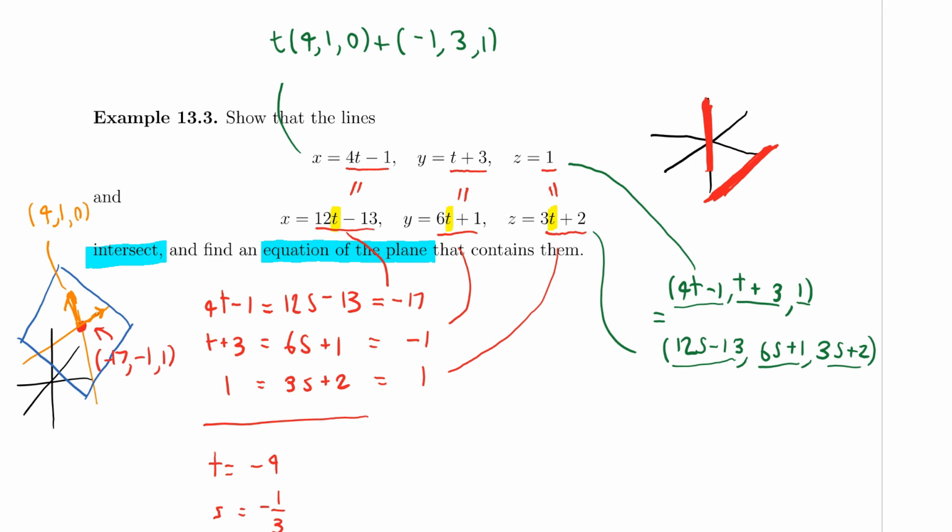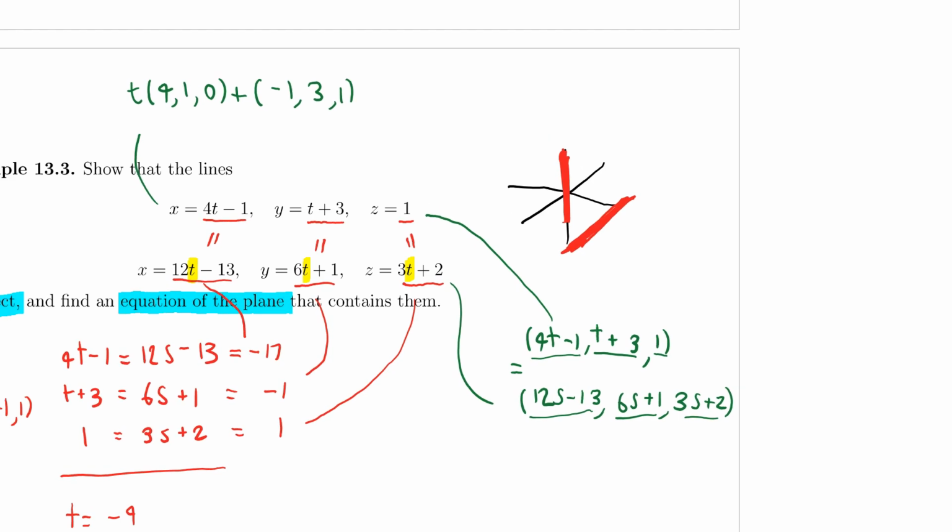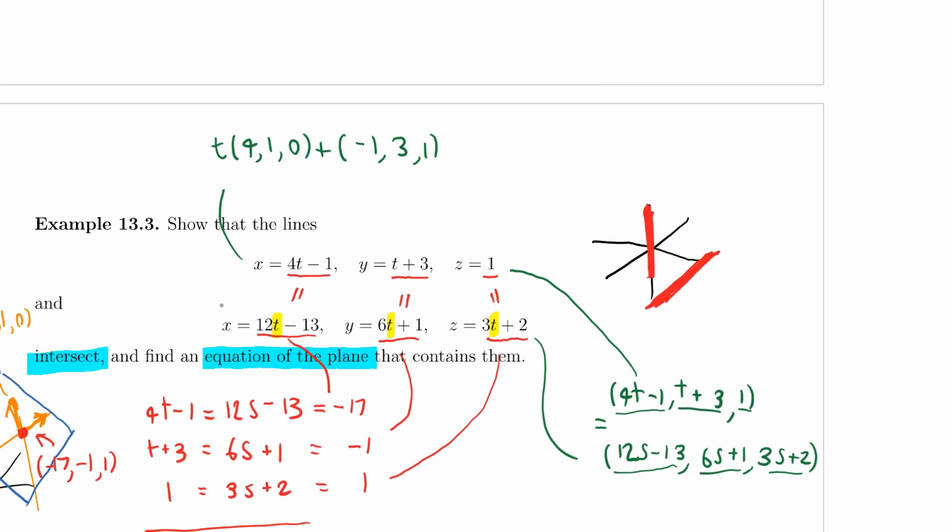I do the same with the other one. The vector form for this second parametric equation for the line is going to be t times (12, 6, 3) plus (-13, 1, 2).